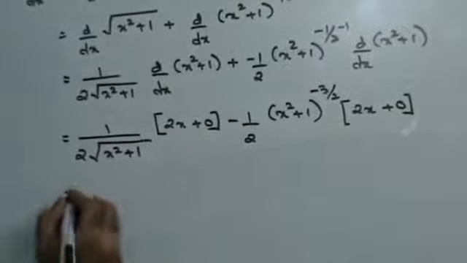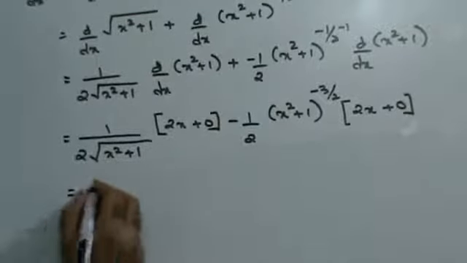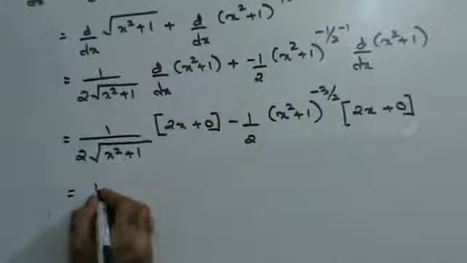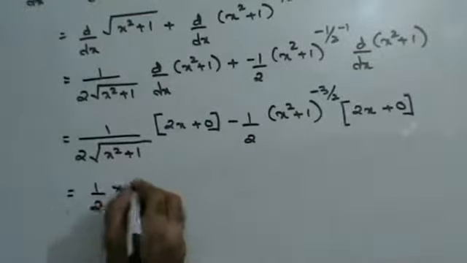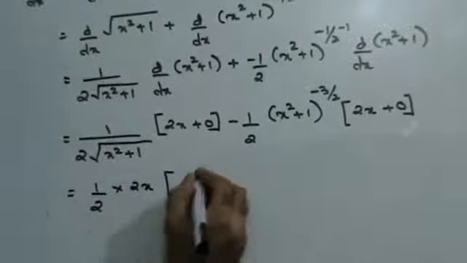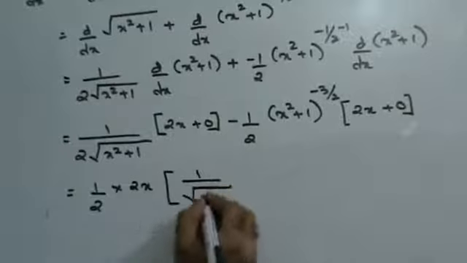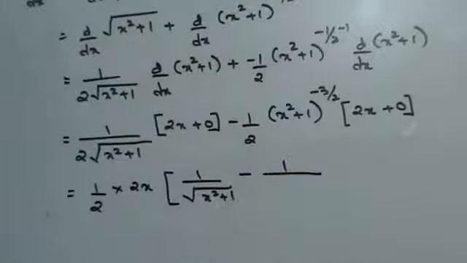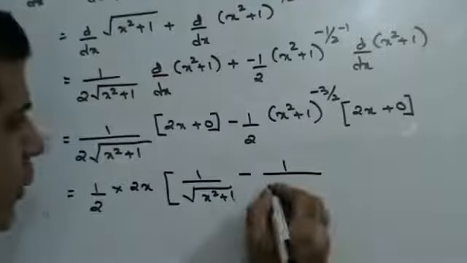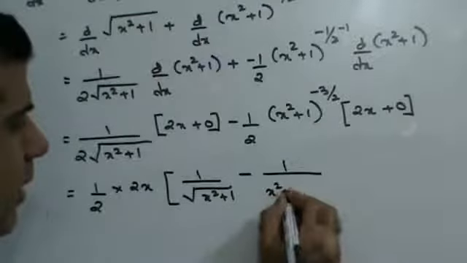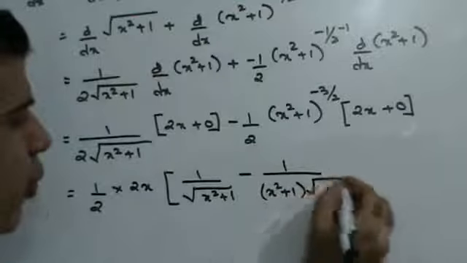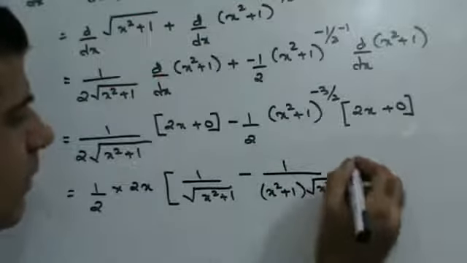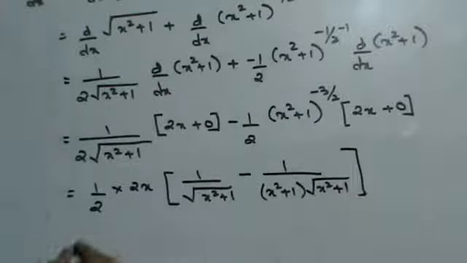Here I could take 1 by 2 common, 2x common, in which case I'll have 1 upon square root of x square plus 1 minus 1 upon, raised to 3 by 2 is nothing but x square plus 1 into root of x square plus 1. Here 2 and 2 gets cancelled.